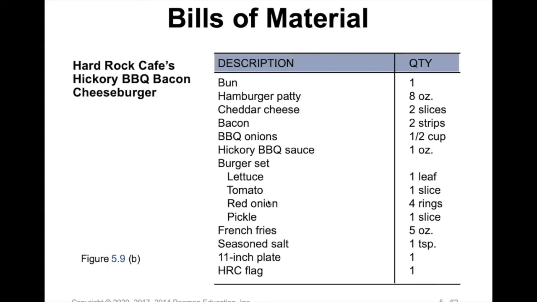Another example we can see is in a burger, Hard Rock Cafe's Hickory Barbecue Bacon Cheeseburger. So these are the materials included in the burger. Not your burger, you can't eat this bacon burger, it's haram. By the way, just to tickle your brain, why do we use this OZ, OZ dot, any guesses why?